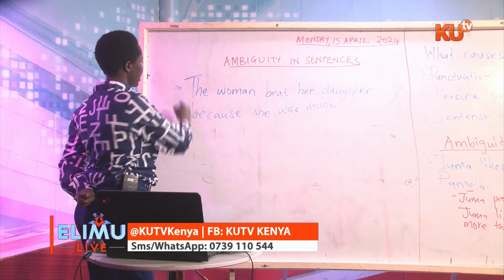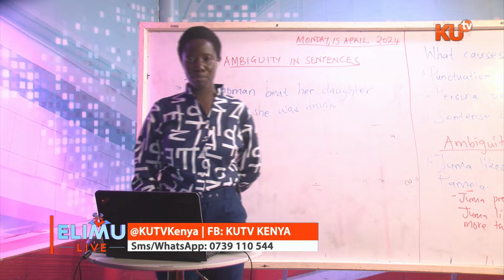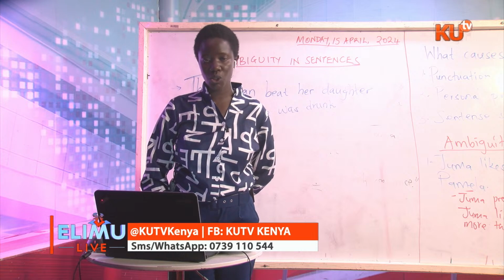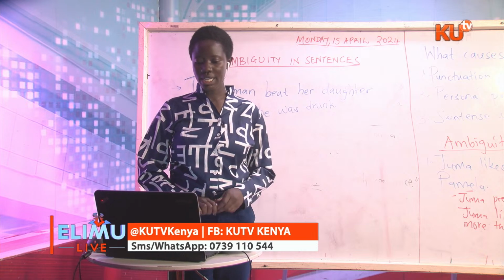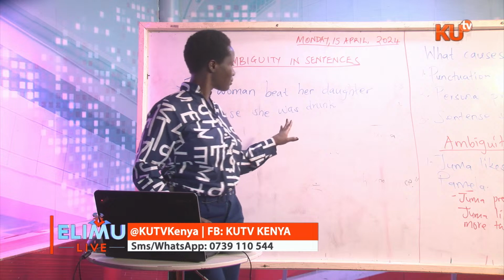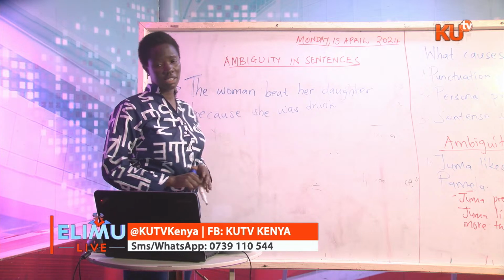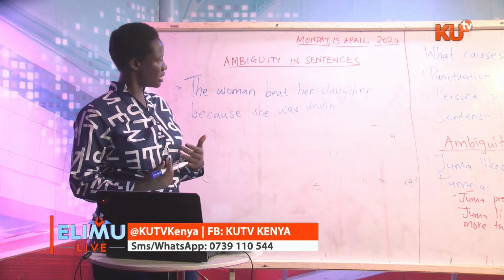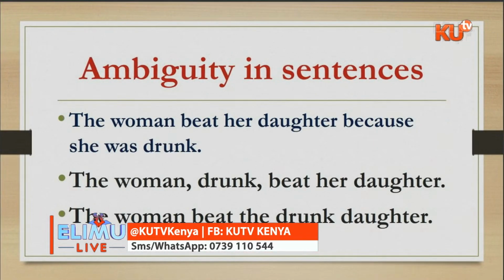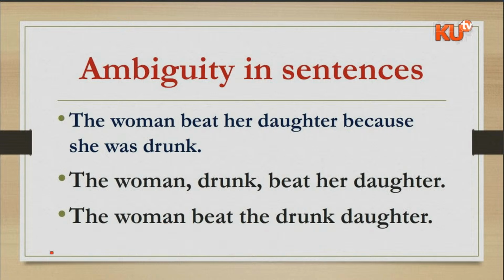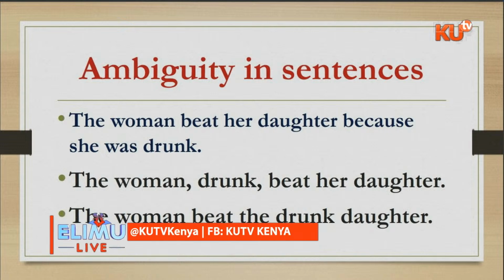So this sentence here is ambiguous, and so we are supposed to remove ambiguity in this sentence. To do that, we're supposed to look at the sentence and give the two possible meanings of that sentence. Like I said, the examiner can ask you this question in two different ways. If you find a lenient examiner, the examiner will just tell you to write the two possible meanings of the sentence in question.